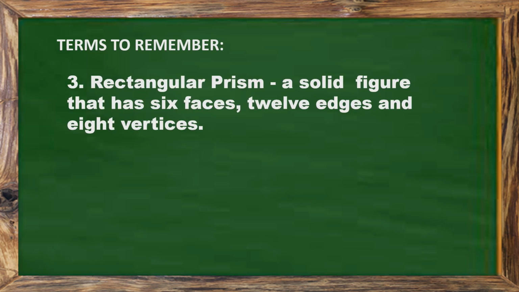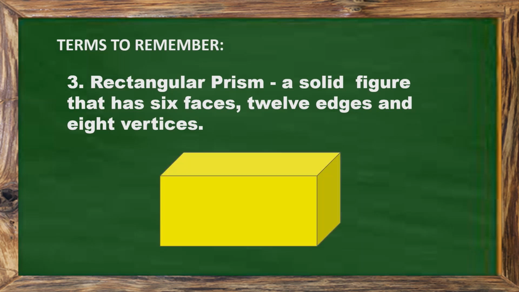Next, rectangular prism. This is a solid figure that has 6 faces, 12 edges, and 8 vertices. Bakit solid figure? Kasi meron siyang 3 dimensions. Ano po yung 6 faces? Top, bottom, 2, left and right, plus 2, 4, front and back, plus 2, 6 faces. 12 edges.